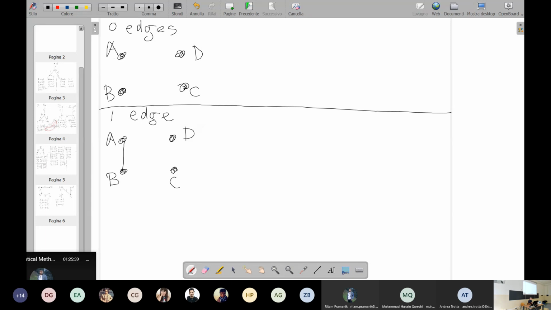Of course, I could have put my only edge with ends A and D, or B and C, or C and D, or B and D. No, not from A to A. No loops, no multiple edges. We are talking about simple graphs, okay? So I'm not going to consider and draw these other graphs with one edge. Why? Because they are all isomorphic to this one.